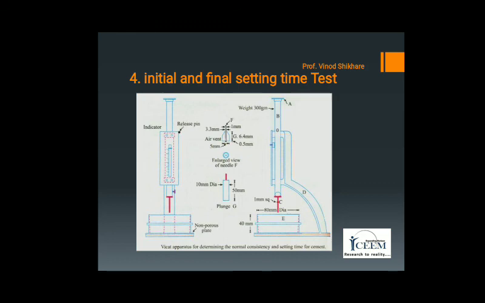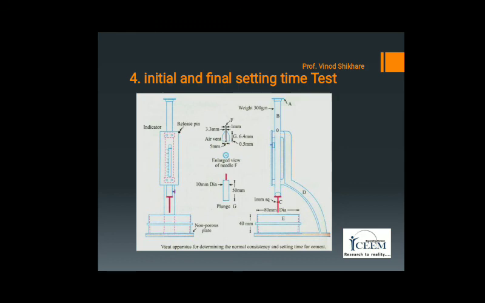The cement paste is filled in the Vicat mold. The square needle of cross section 1 mm by 1 mm, called the initial setting time needle, is attached to the moving rod of the Vicat apparatus.